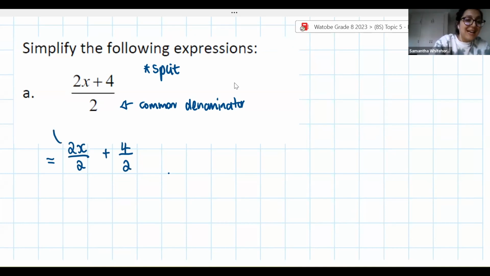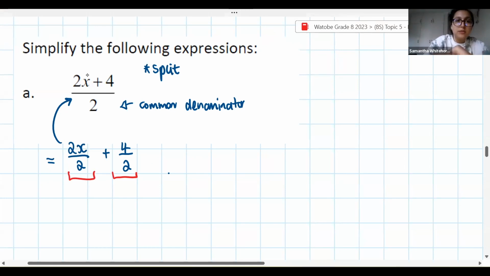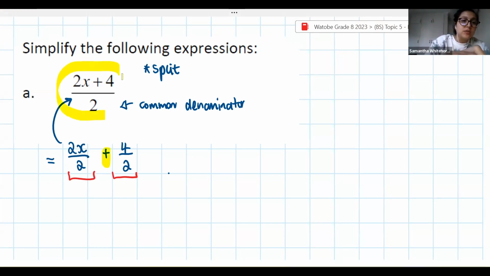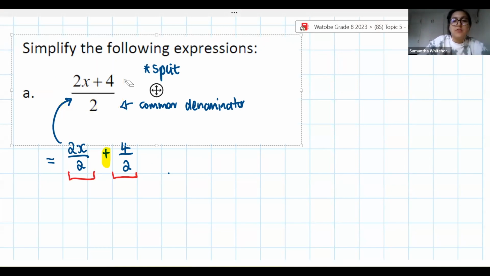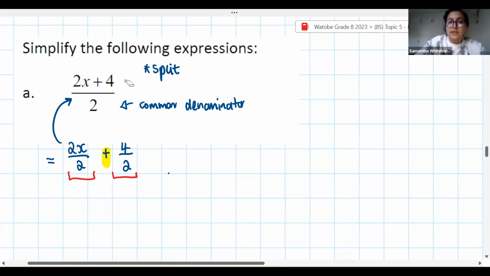That means exactly the same thing as the question. All I'm doing is separating my fraction to get 2 fractions so that I can simplify each of these terms individually. Now I know I've got 2 terms because of this plus sign. And essentially what I'm doing is taking the 2 terms in my numerator and splitting them. So when we are dealing with fractions, we can deal with it like this.